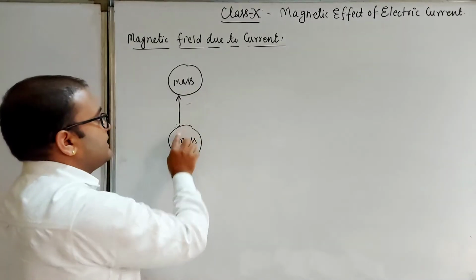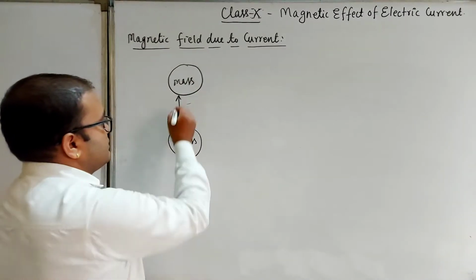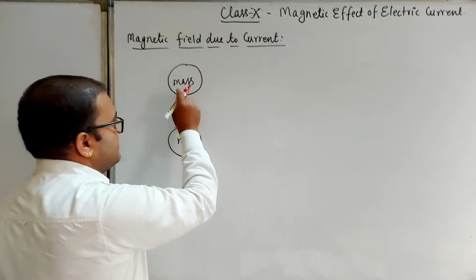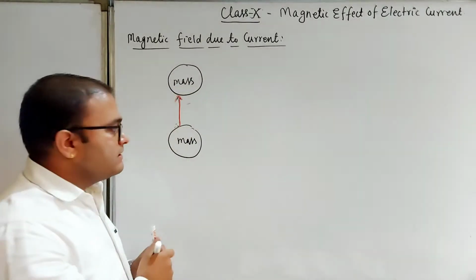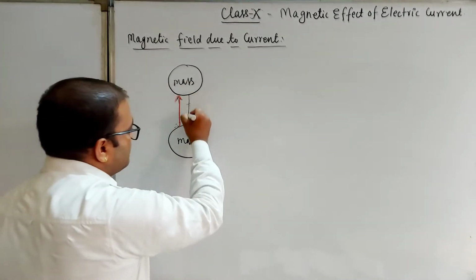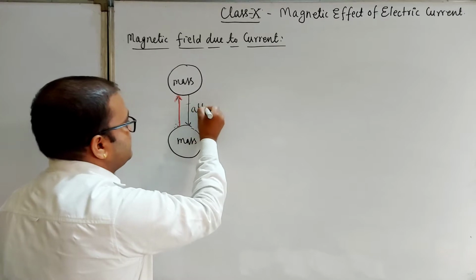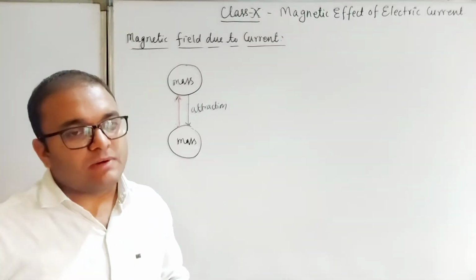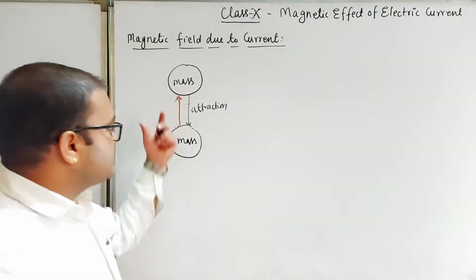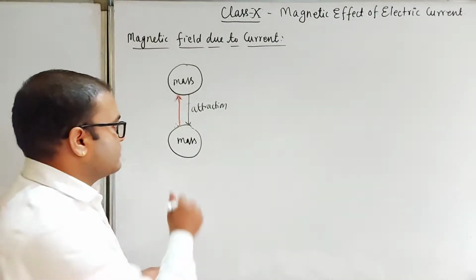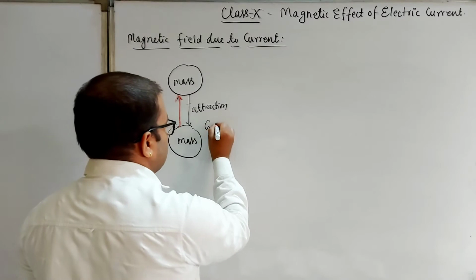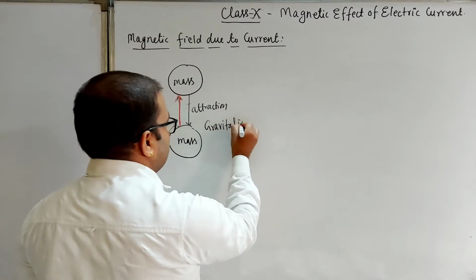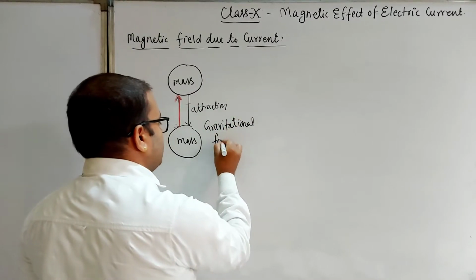This object will attract that one towards itself, and that object will also attract this one. So attraction force is there between the two mass objects, and we know that this is the gravitational force.